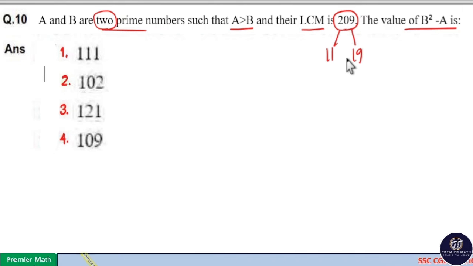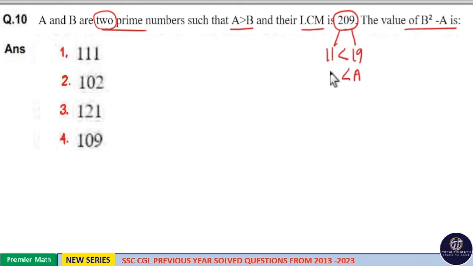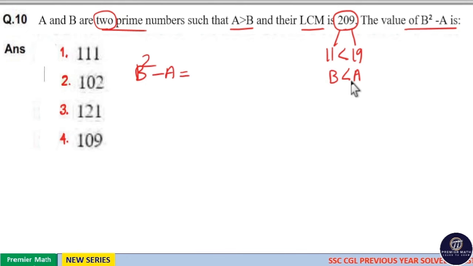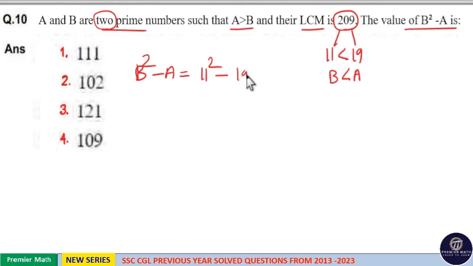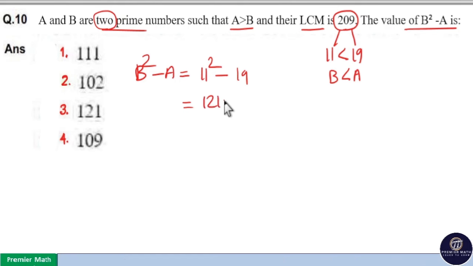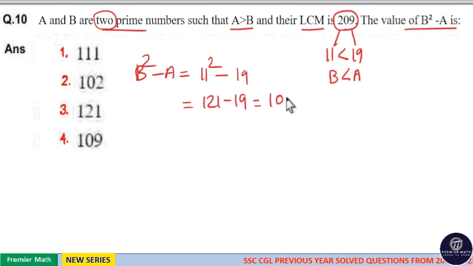Now you can see here 19 greater than 11, which means 19 is A and 11 is B. Now B square minus A is equal to B square is 11 square, A is equal to 19. Now which is equal to 121 minus 19. 121 minus 20 is 101. So 102 is your answer. Option 2 is your answer.